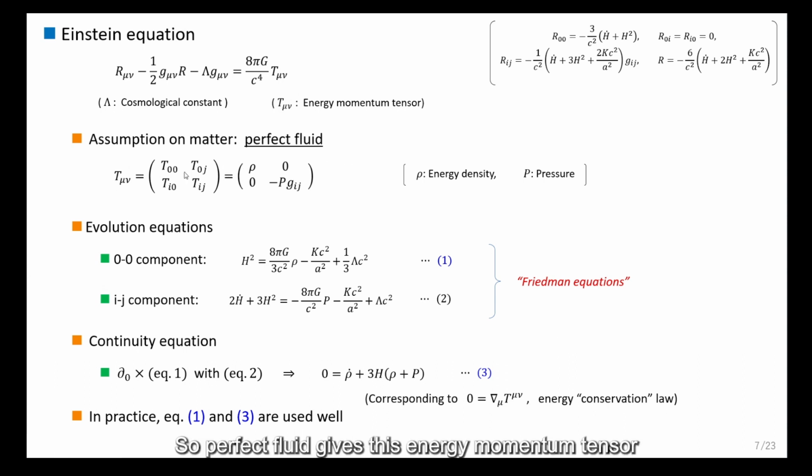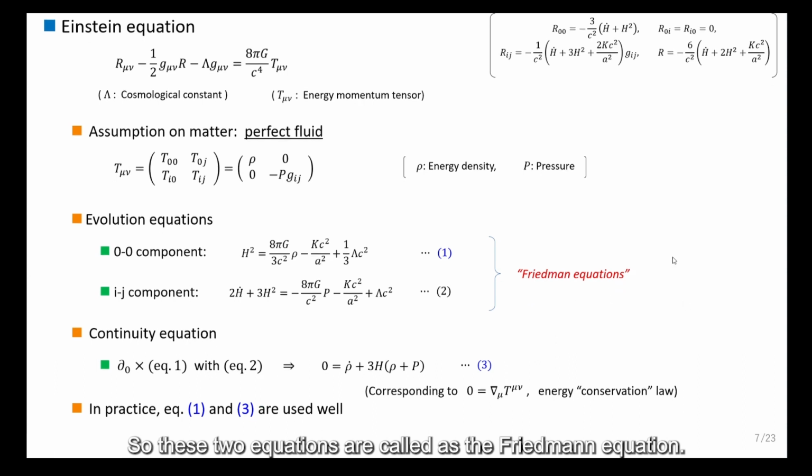A perfect fluid gives this energy momentum tensor by energy density and pressure with this form. Using this, the 0 component of the Einstein equation gives this form, and the spatial component gives this form. These two equations are called the Friedmann equations.